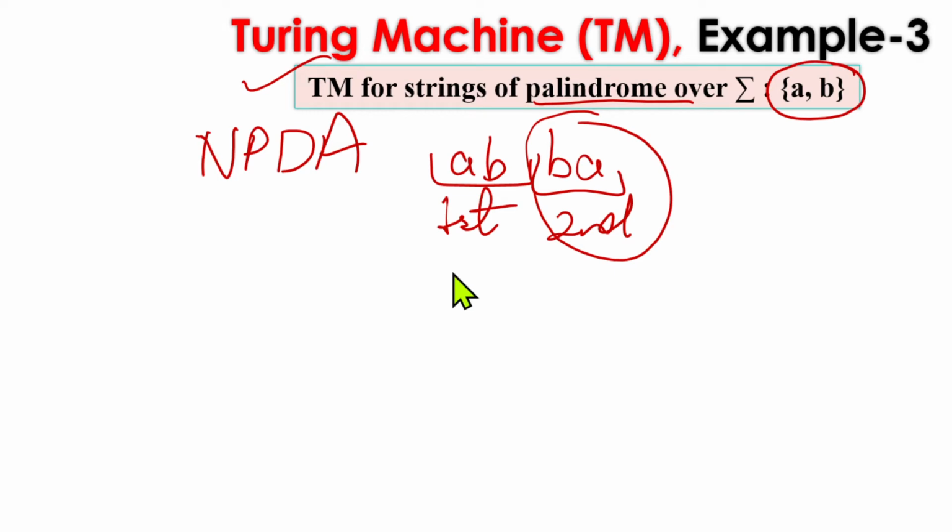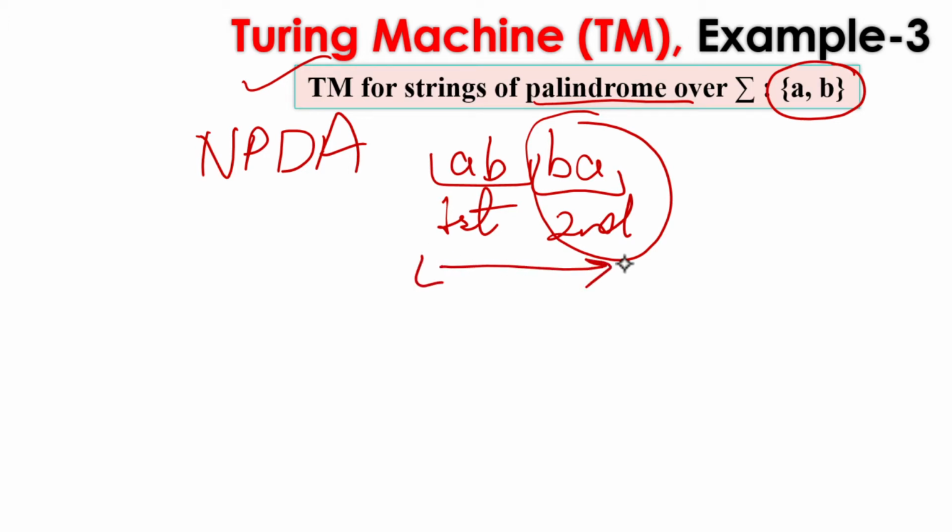But here, as we have the power of a Turing machine, we can move from left to right and right to left, in any direction and any number of times. So we can have an easier approach to check the palindrome for a given input string. In case of a PDA, we were moving from left to right only.